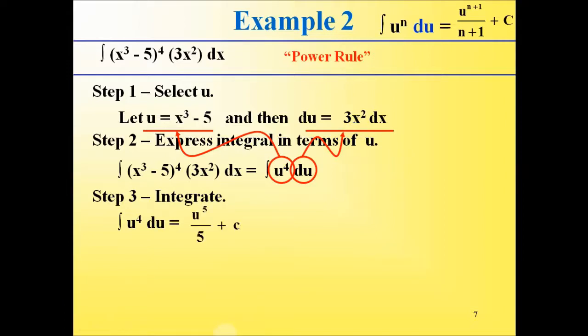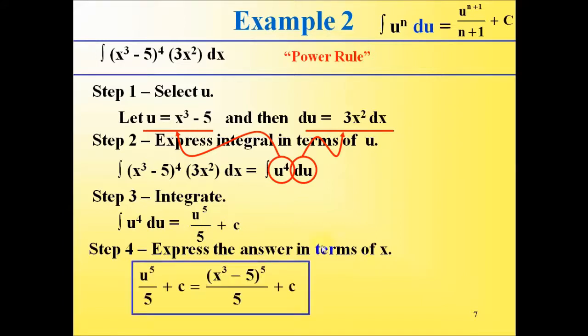Integrate it. Using this formula, we get u, 4 plus 1 is 5, over 4 plus 1 is 5. And step 4 is express the answer in terms of x. Because we have u^5 over 5 plus c, we can replace u with x^3 minus 5. So we get this function.